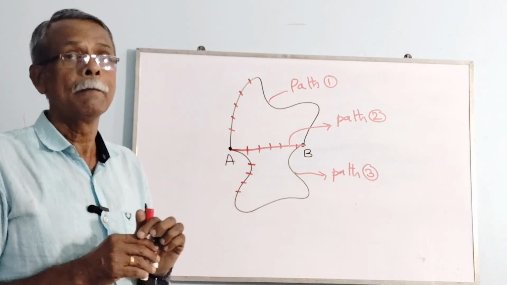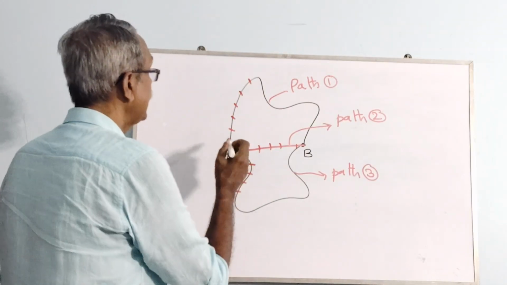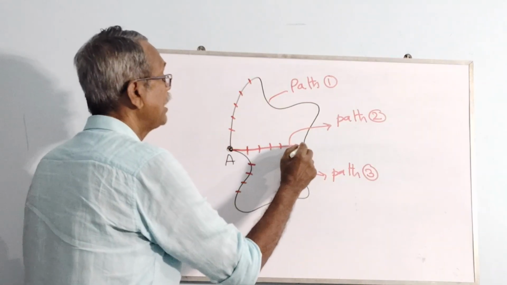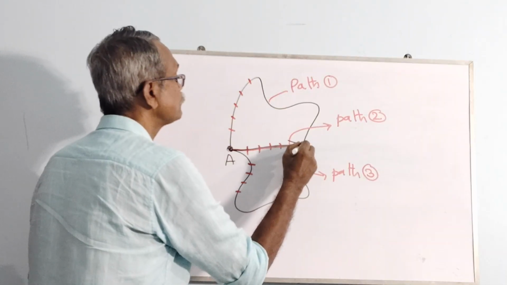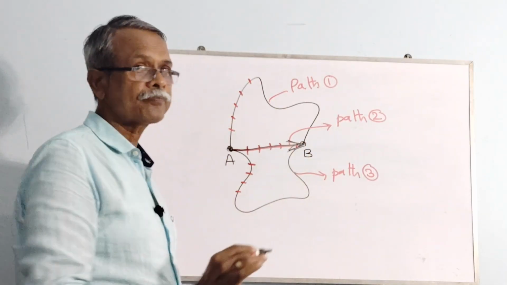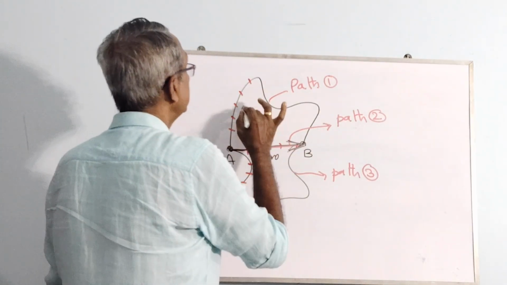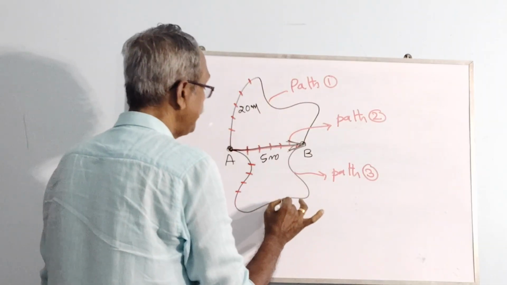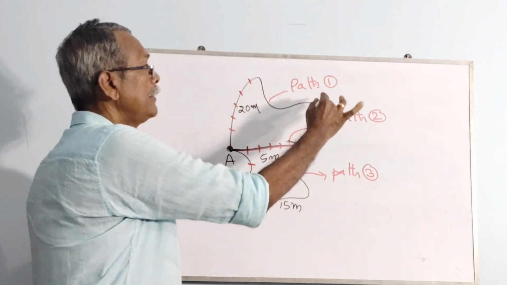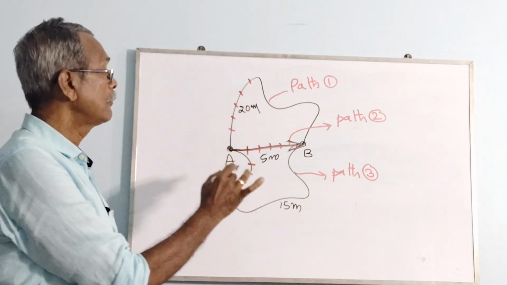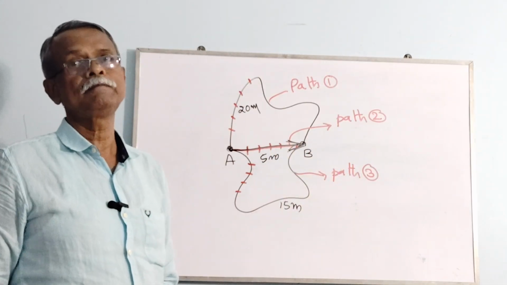They will be different. But the displacement of this particle from the initial position A to the final position B is a vector that will be represented like this. It has a fixed length. Say this is 5 meter, this is 20 meter, this is 15 meter. Path length for path 1 is 20 meter, path length for path 2 is 5 meter, path 3 is 15 meter.